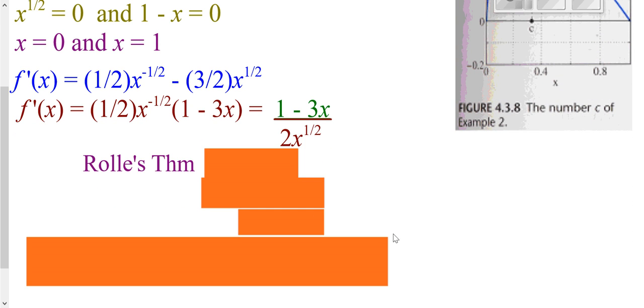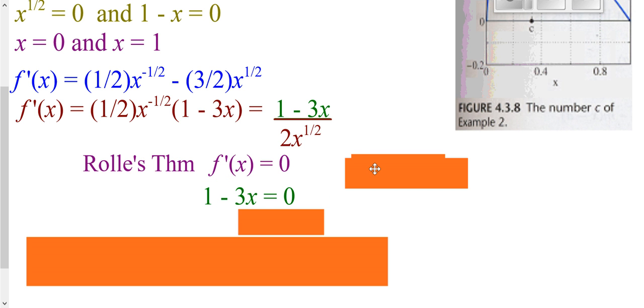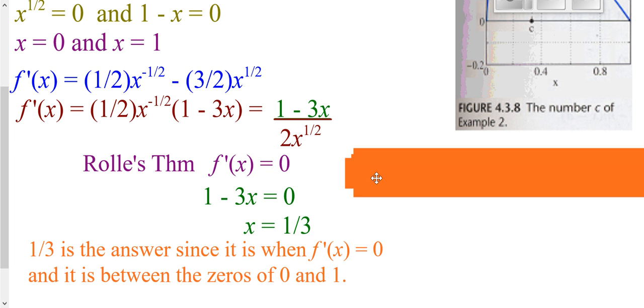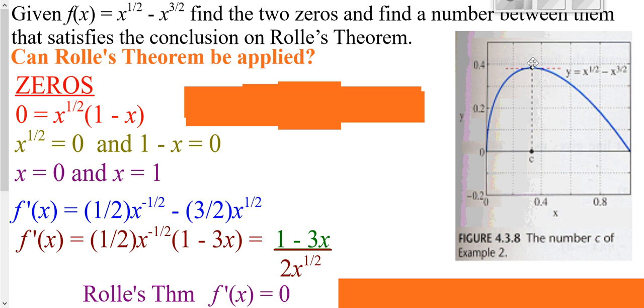So that means we take our derivative and set it equal to 0 for Rolle's theorem. The only way this is going to be 0 is when the top is 0. 0 divided by anything is 0. So you set the top equal to 0, you solve it, and you get 1/3. 1/3 is in between 0 and 1, so that does work. At x being 1/3 right here, we would have a slope of 0, which would be a horizontal tangent, the same as going from here to here with your slope.